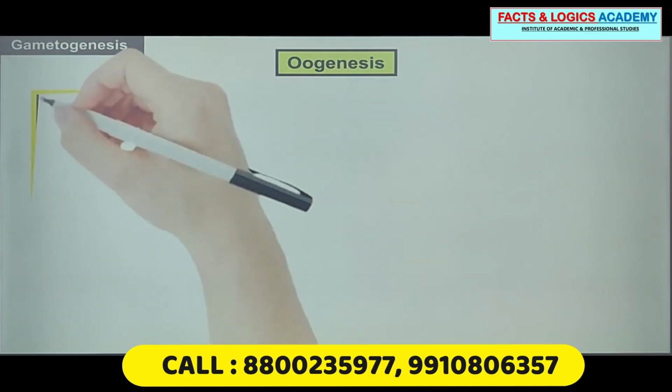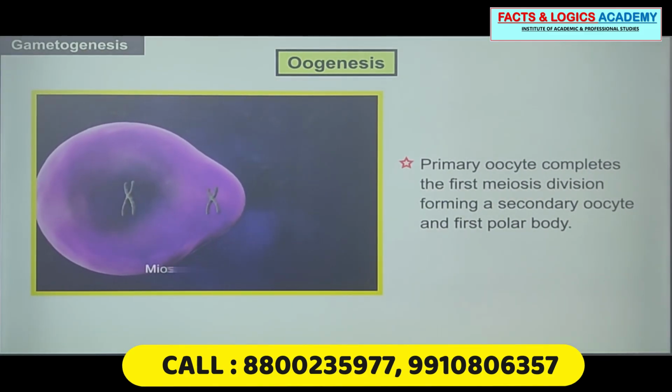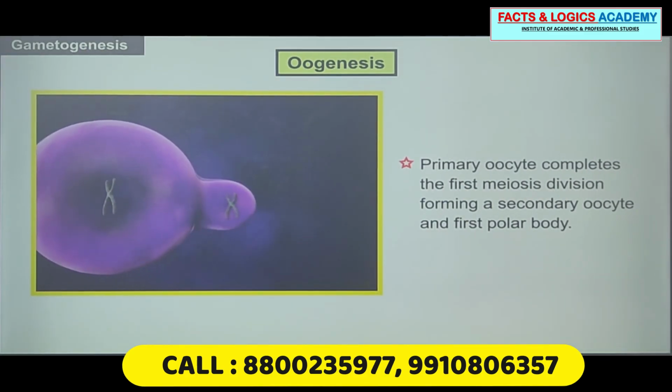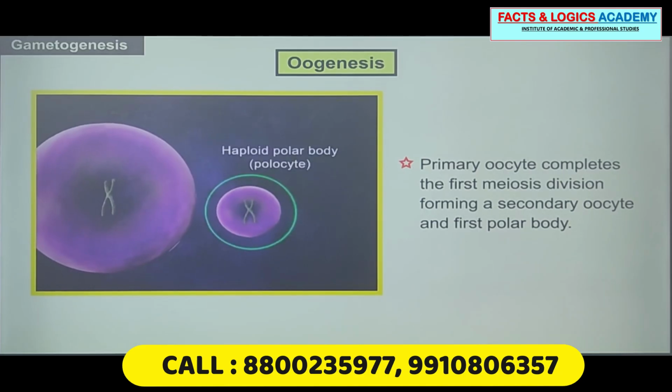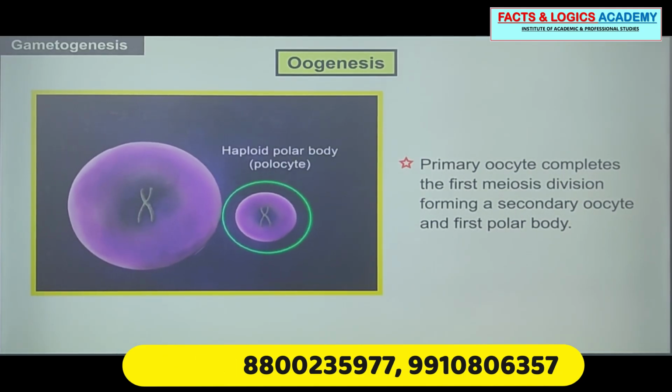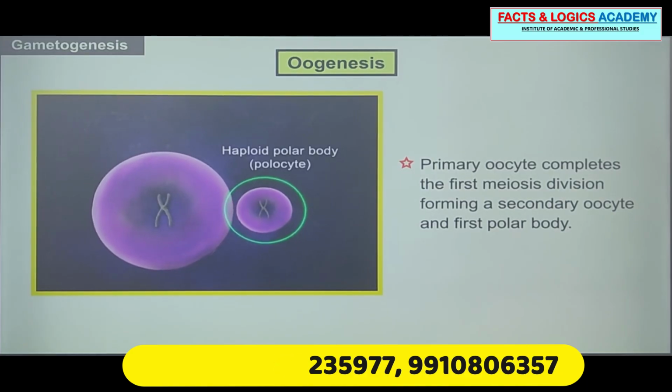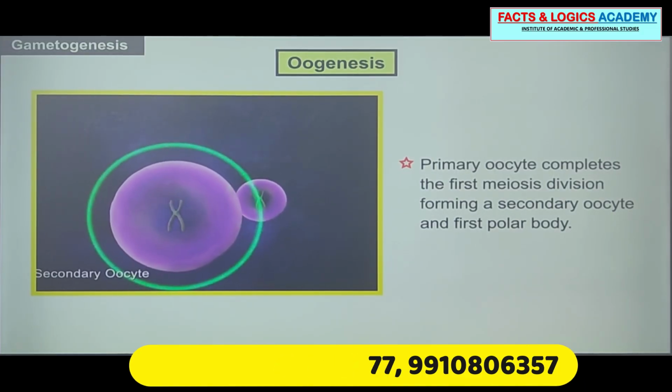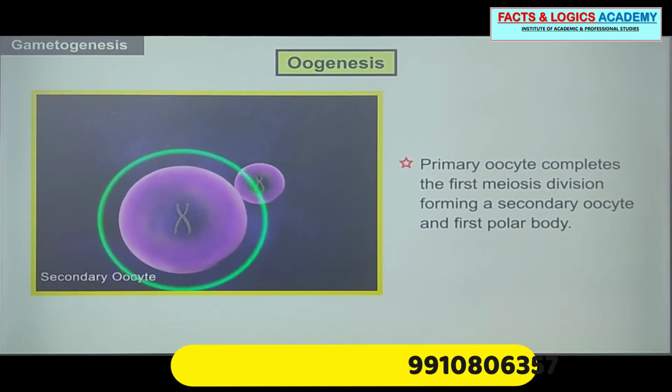Students, note that the primary oocyte inside the tertiary follicle, whose division was arrested, completes the first meiotic division, resulting in the formation of a large haploid secondary oocyte and a tiny first polar body.